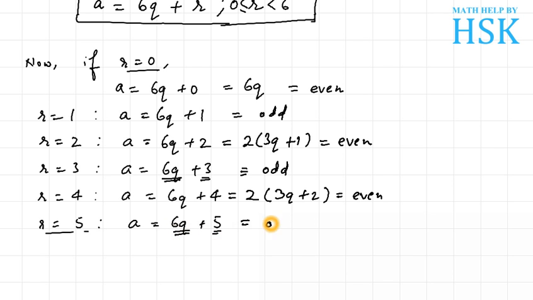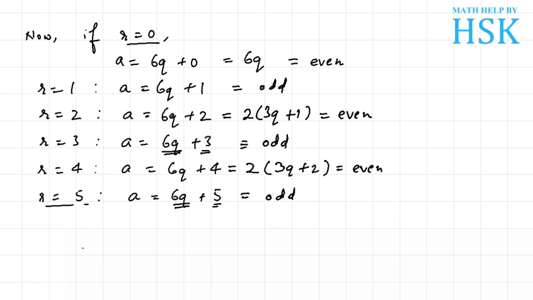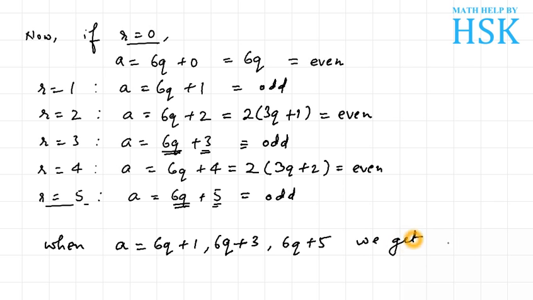So we are going to get an odd number. Okay. So when a is equal to 6q plus 1, 6q plus 3, 6q plus 5, we get odd numbers.